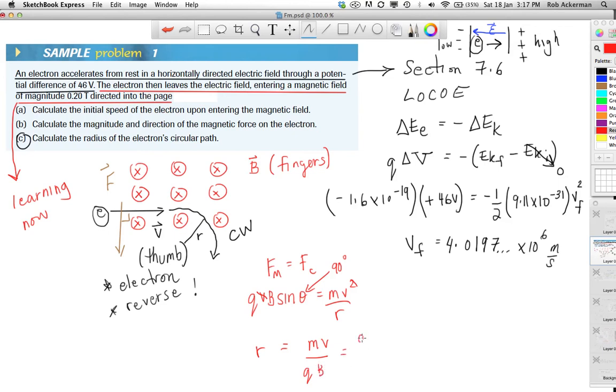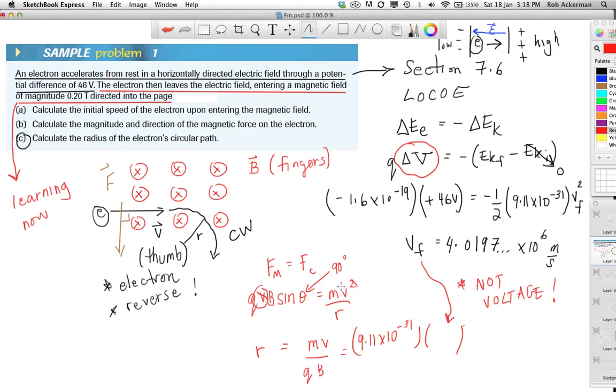Now the mass of the electron, 9.11 times 10 to the negative 31. The velocity is this number here. Warning, it is not the voltage. I would guess about 50% of students make the following mistake. They see the letter V, they see the letter V here.